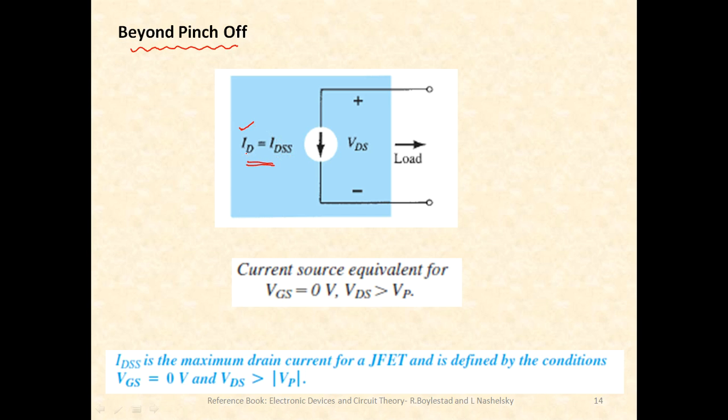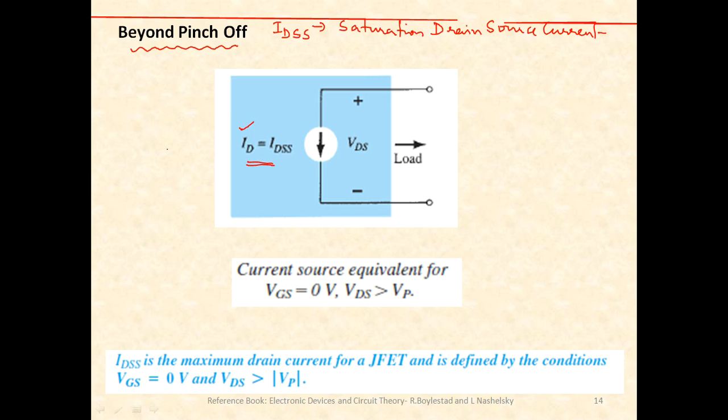So ID stands for drain current, IDSS stands for drain to source saturation current. I'll write here, IDSS represents the saturation drain to source current.